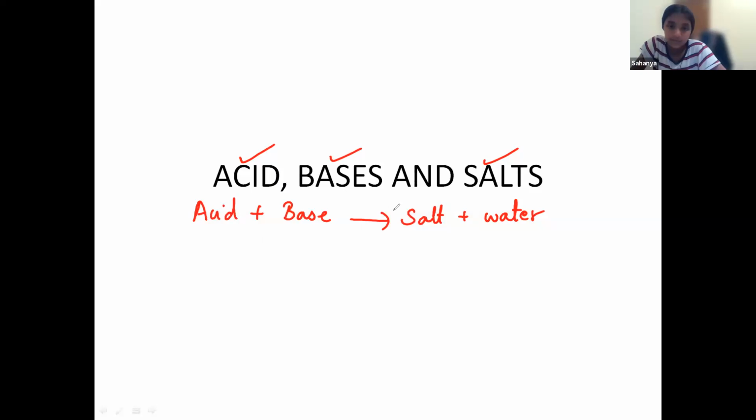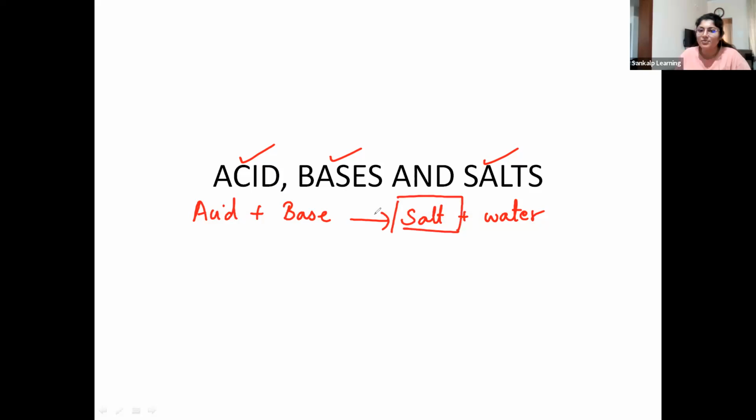Salts are formed by the reaction of an acid and a base. Suppose I take HCl, hydrochloric acid, as the acid, and NaOH, sodium hydroxide, as the base.